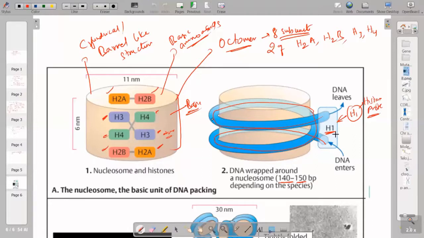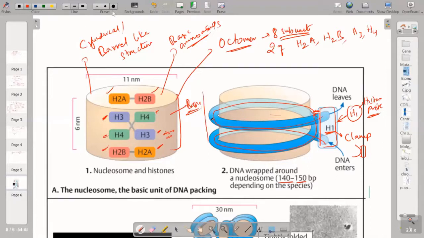If you have the DNA like this, the protein will stay here and press against it. It will make sure that, for any reason, the DNA is not slipping from the histone protein. It is clamped properly so that the DNA is not moving away.